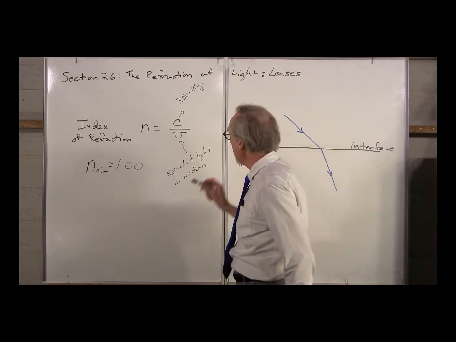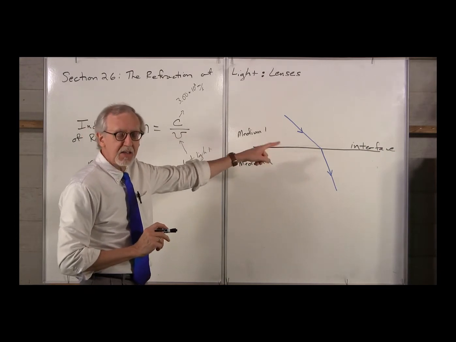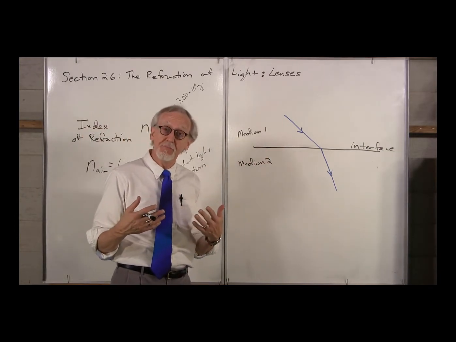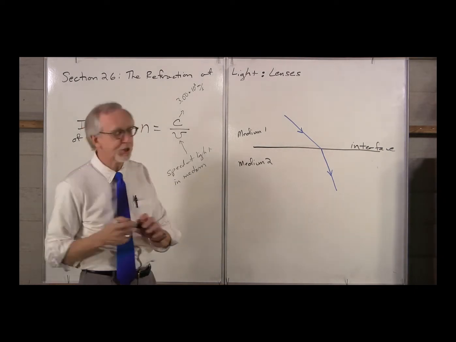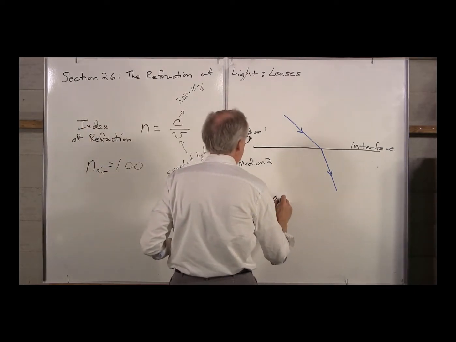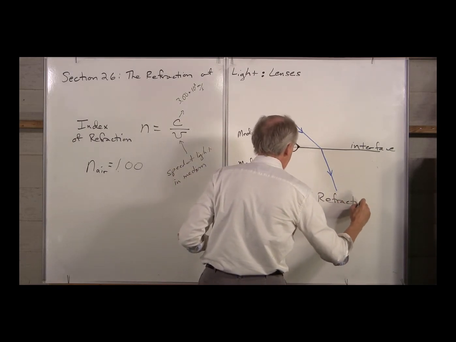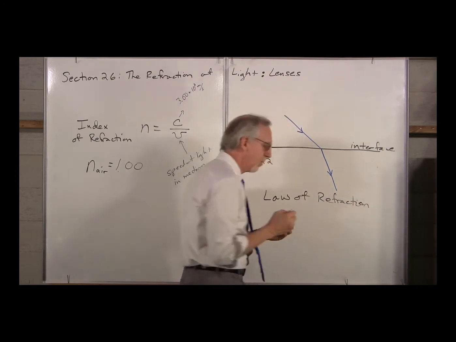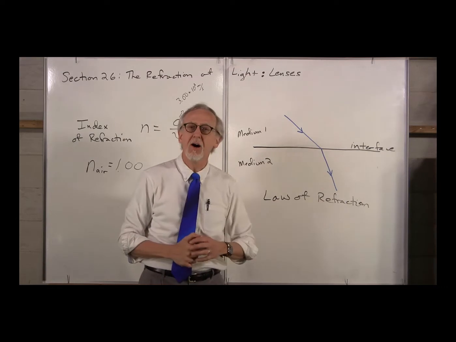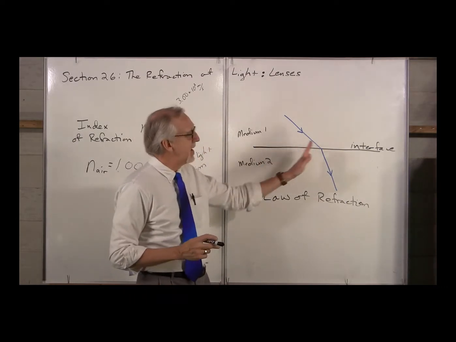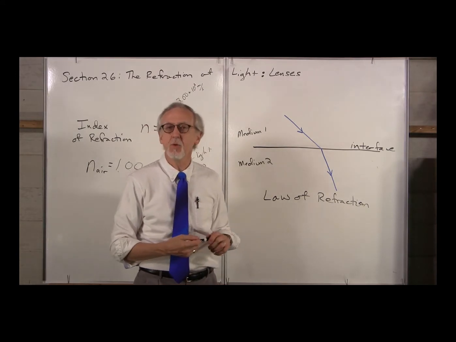So that's good. The amount then that the light refracts is determined by what we will call the law of refraction. Remember, we have the law of reflection for mirrors. Here we have the law of refraction. To define how much the light bends, we are going to do something very similar to what we did with mirrors.